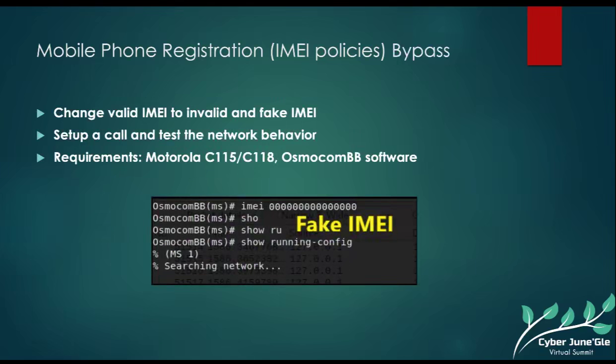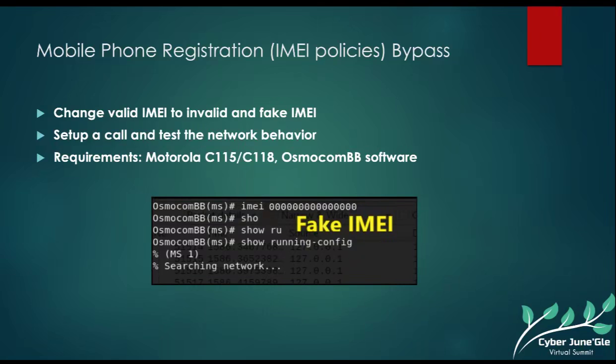Now, with the help of a phone like the Motorola C115 and C118 and Osmocom BB software, we can set an invalid, fake, or even duplicate IMEI and set up a call to test network reactions.